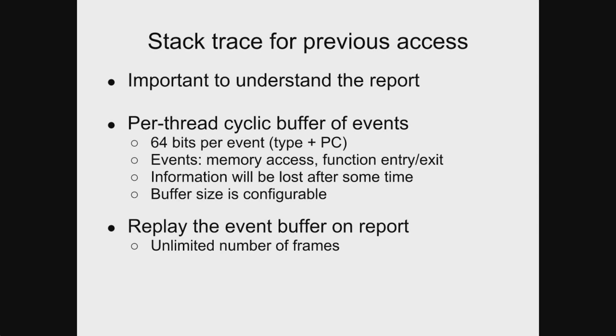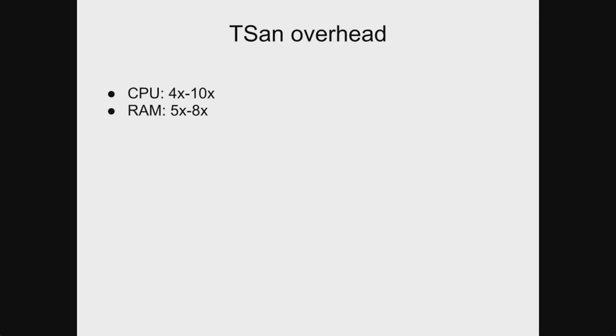Each event takes 64 bits. And if the access happened too long ago, we may lose the data. But the buffer size is configurable, and the maximum size is enough for any data race we have seen. So when a data race actually happens, we replay this event buffer. This operation is slow, but it happens just once when you report a bug.